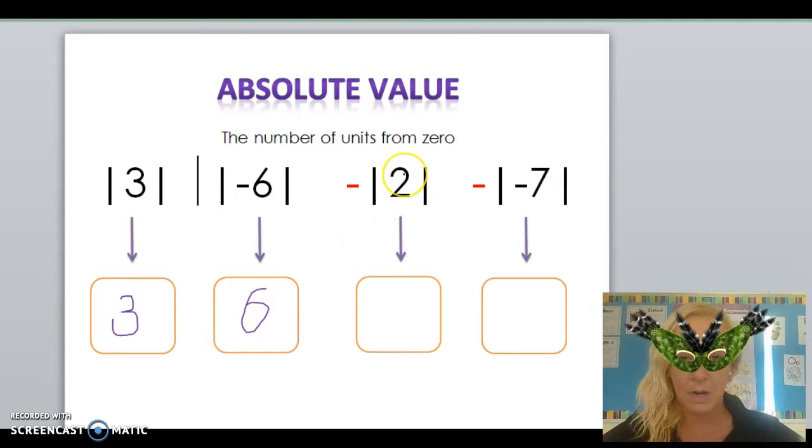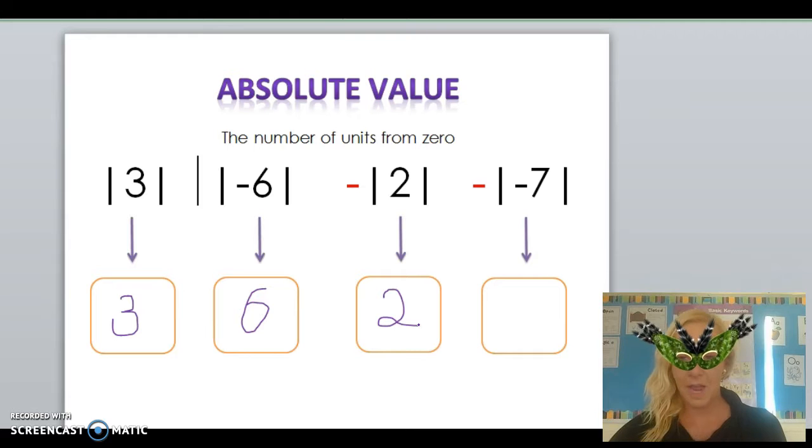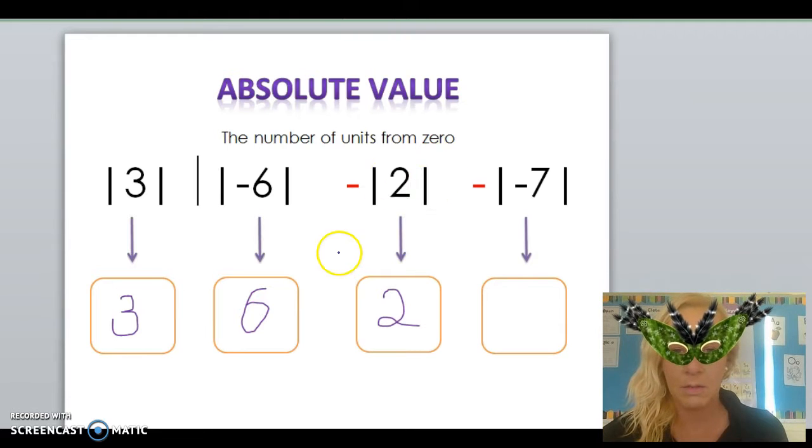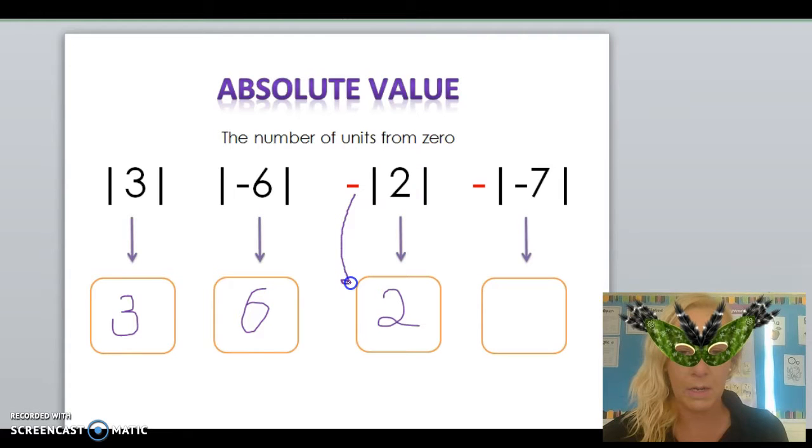Now in this case here, 2 is 2 units away from 0, but because the negative sign is on the outside of the absolute value, we're going to apply that after we find the absolute value.